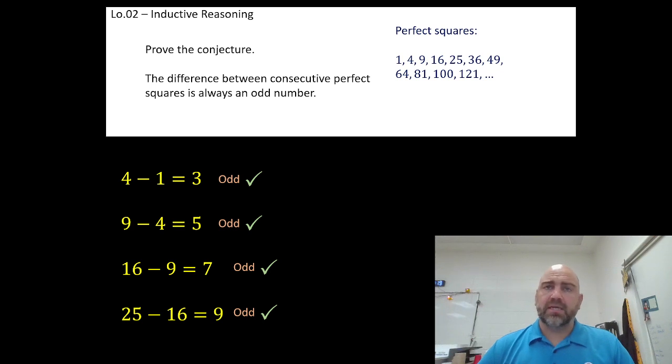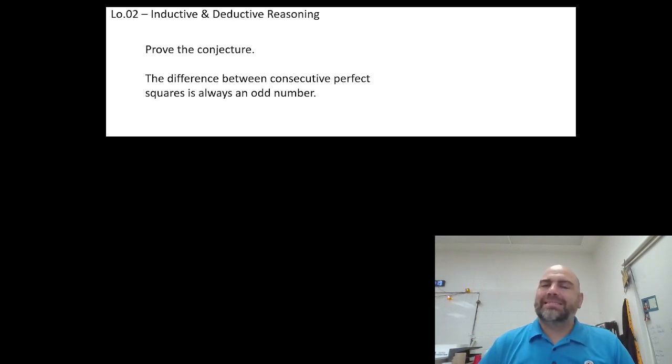That's inductively, and that's as far as you need to go. We don't have to go any farther. We've shown that proof. We can now show it deductively and show that every single time that we do consecutive perfect squares, it will in fact be an odd number.